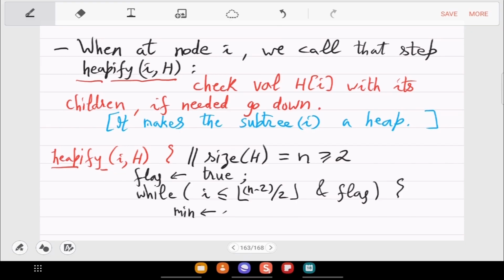So at this node, we initialize min to I. But if one of the child is smaller, then you need to update the min.